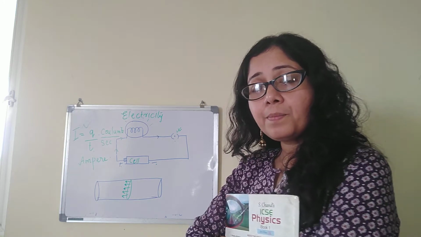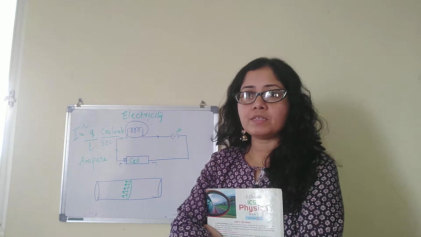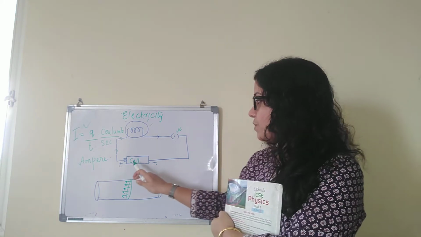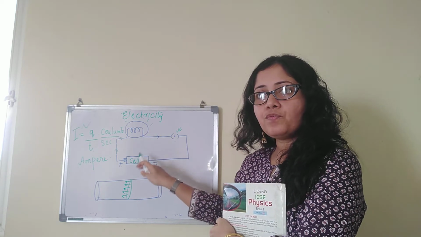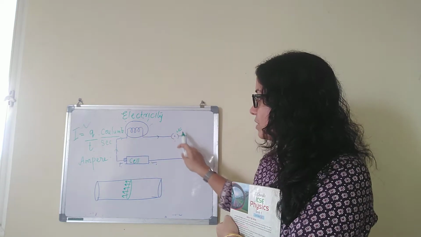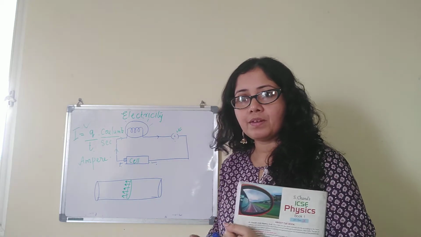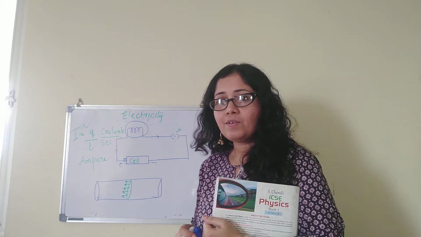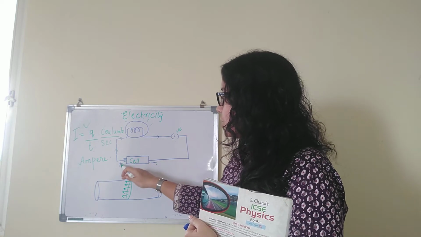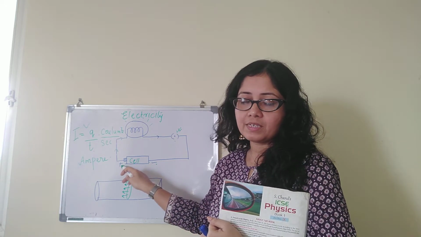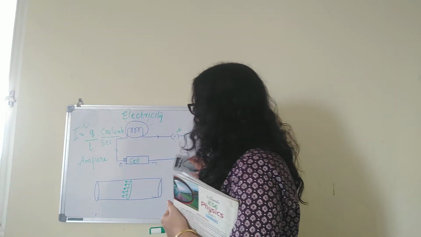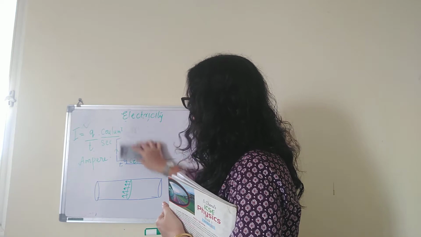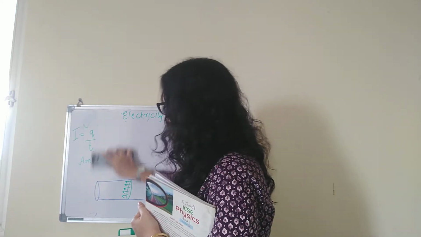Third point, it always travels from the positive terminal of the cell to the negative terminal, right? Now this is called the conventional flow of current. What is conventional flow of current? When the current is passing from the positive terminal to the negative terminal of the cell.